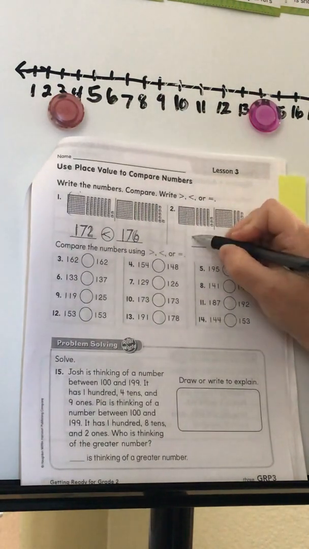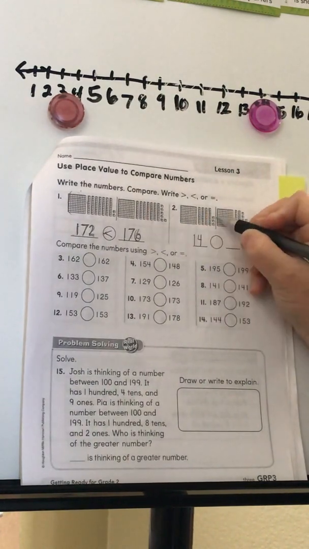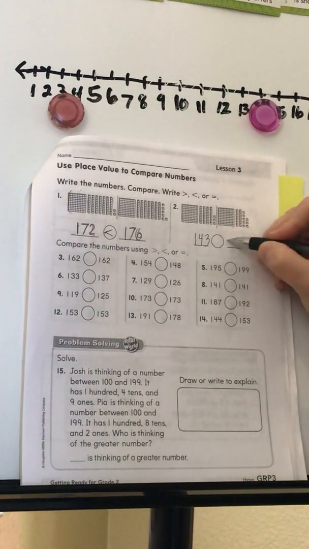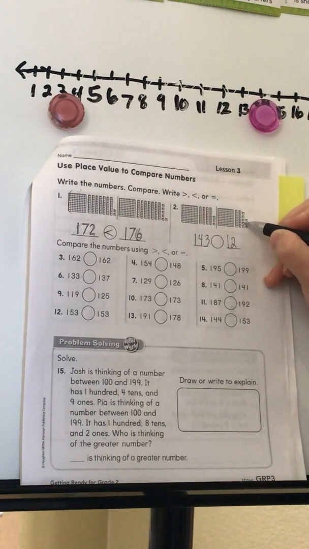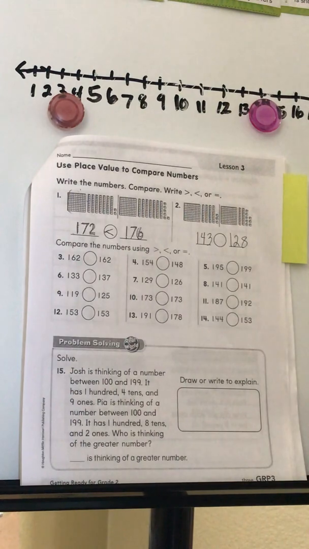We have a 1 for the hundreds, 1, 2, 3, 4 tens, and 1, 2, 3 ones. Okay, let's count this one. 100, 1, 2 tens, 1, 2, 3, 4, 5, 6, 7, 8 ones. All right, now let's compare.